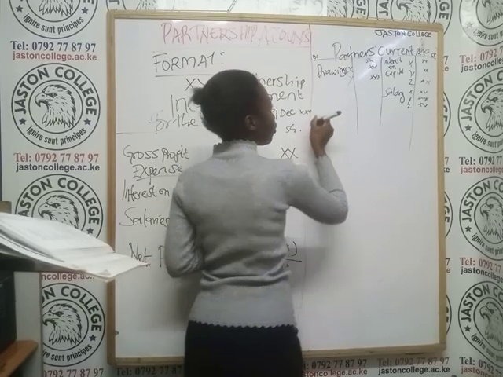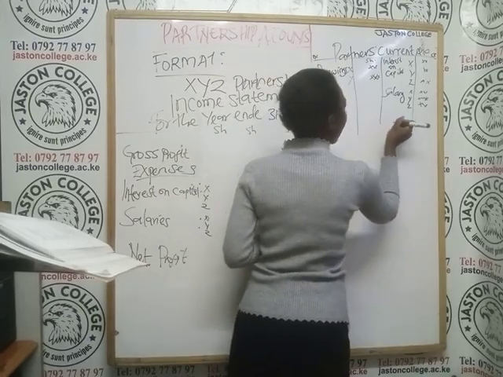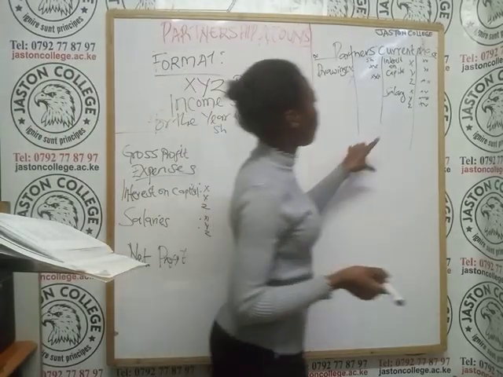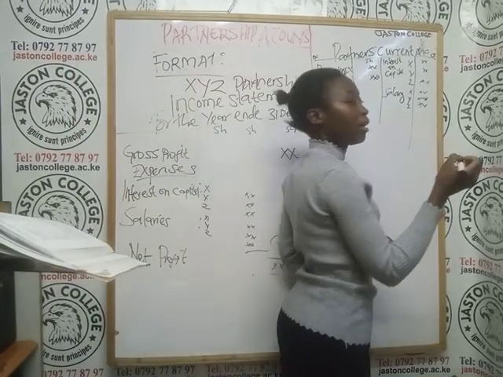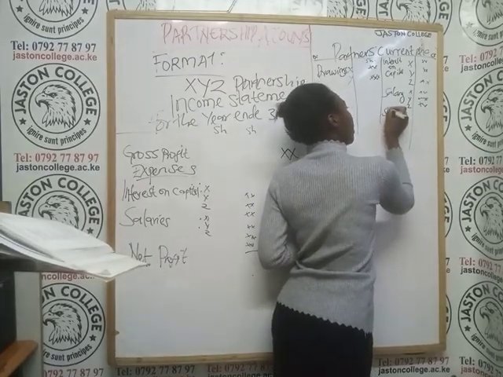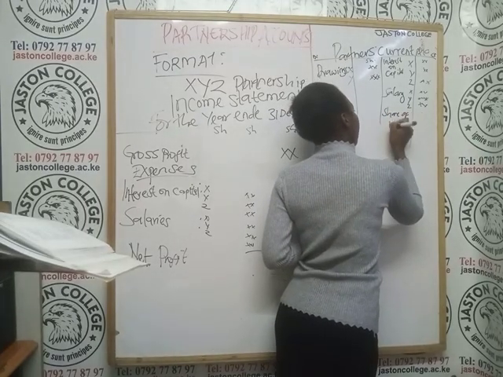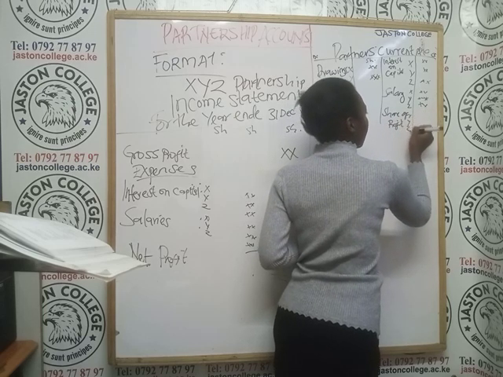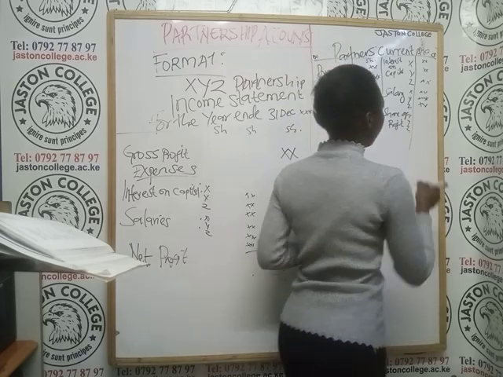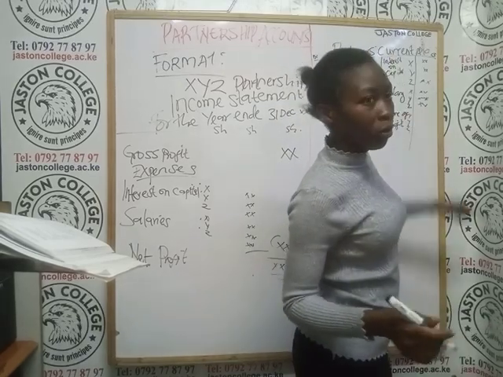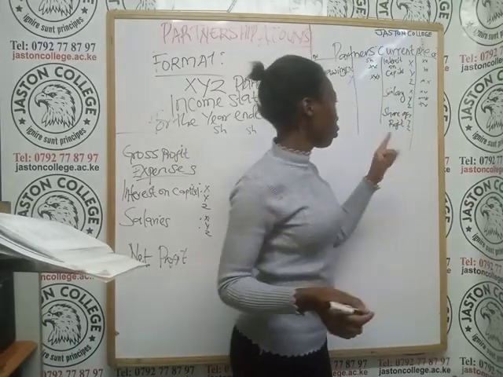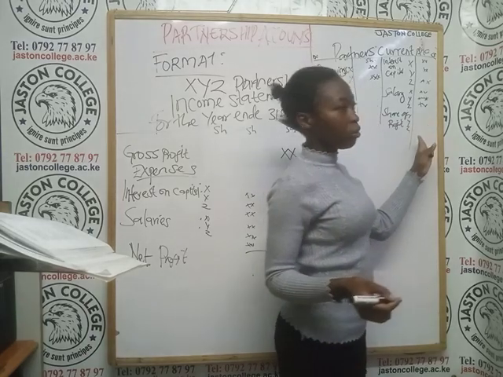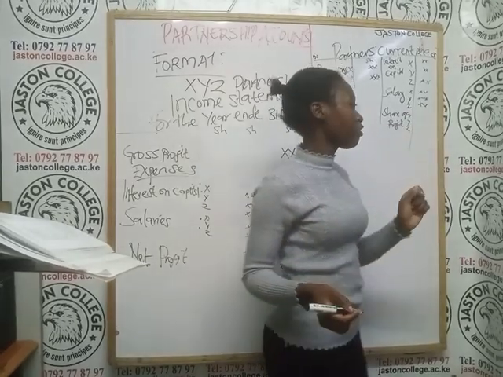Then we will have our share of profits. The amount every partner should get as share of profit. So we will use our net profit. Let's say Y was to get 2% of the total profit, then X was to get 3%, then Z was to get 5%.